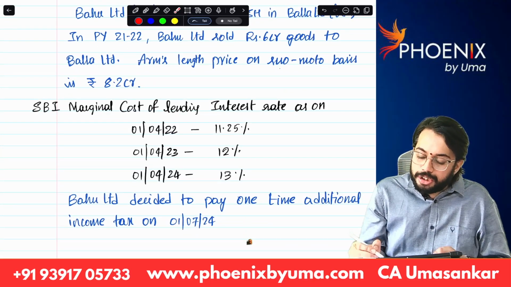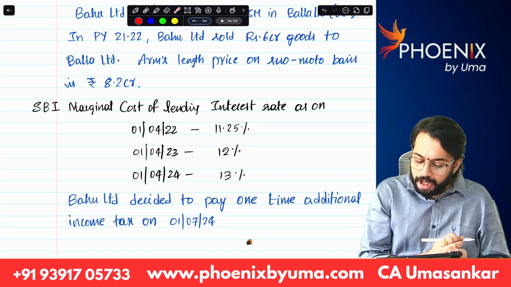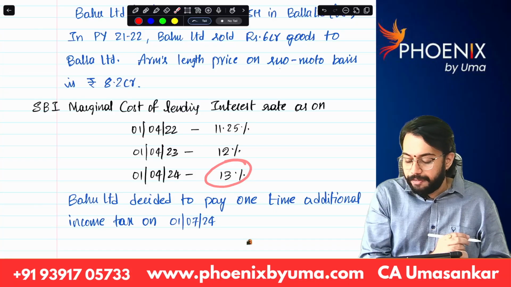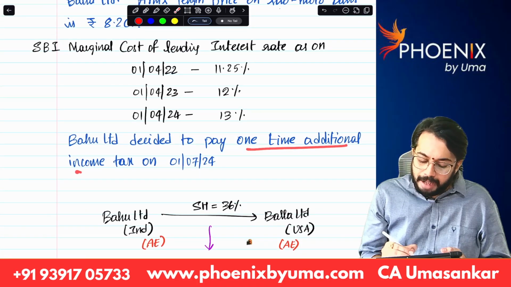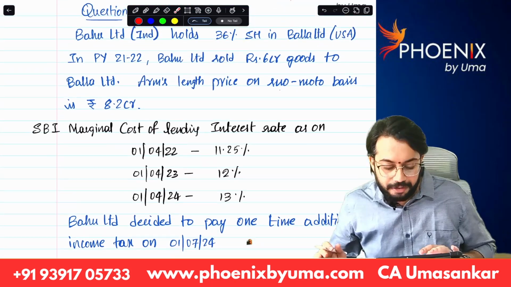SBI marginal cost of lending interest rate as on 1st April 22 is 11.25%, 1st April 23 is 12%, 1st April 24 is 13%. Bahu Limited decided to pay one-time additional income tax on 1st July 2024. So this is the question.